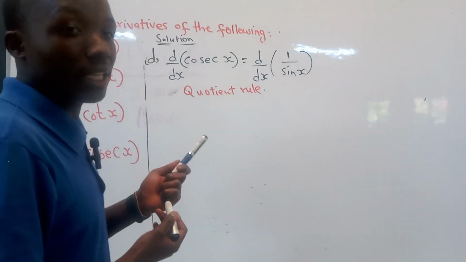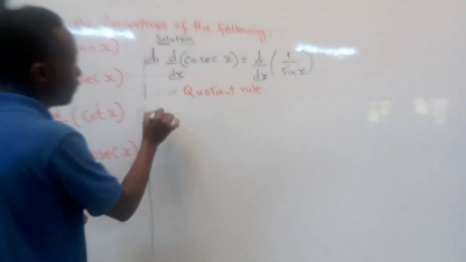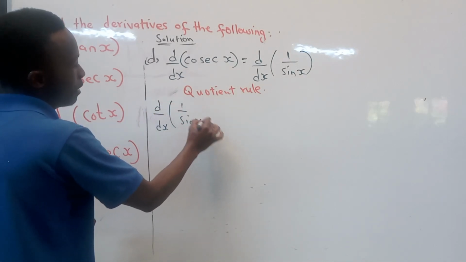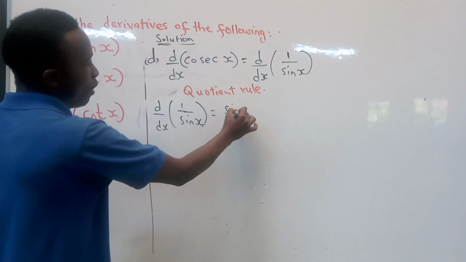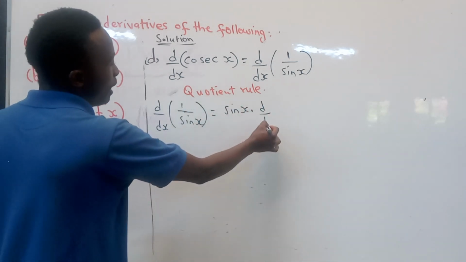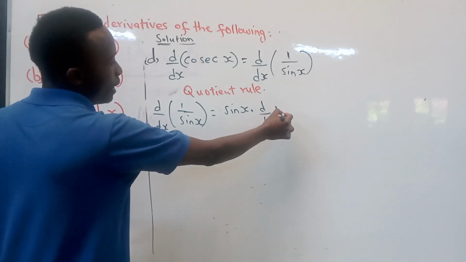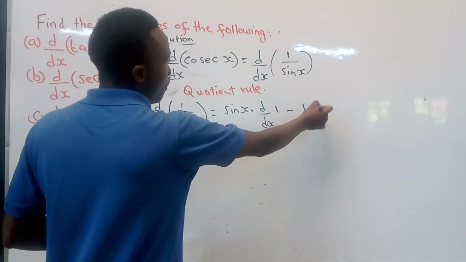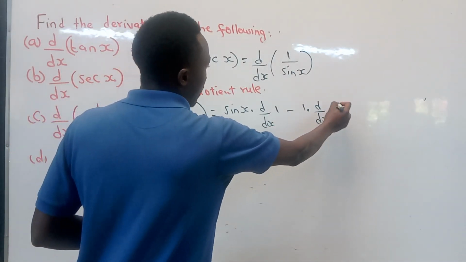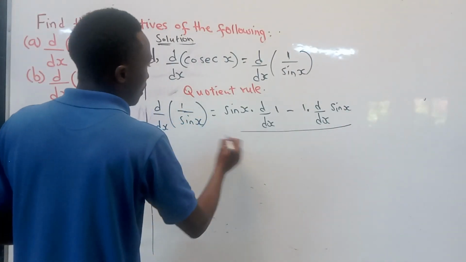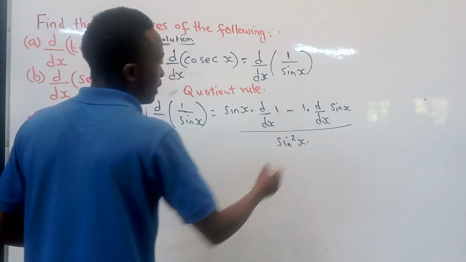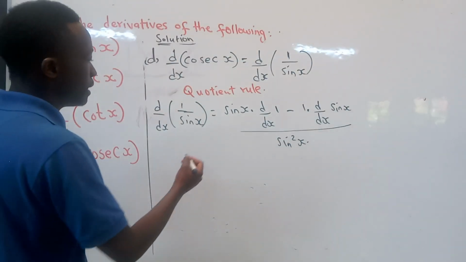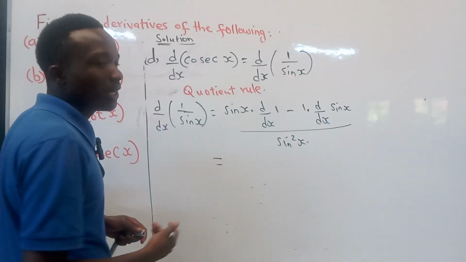When we apply the quotient rule, we are going to have d over dx of 1 over sine x is equal to, we hold the denominator constant, we find the derivative of 1 with respect to x, then we subtract, we hold the numerator constant, then we find the derivative of sine x, over sine squared x. By reaching there, when we differentiate 1, we will get a 0.